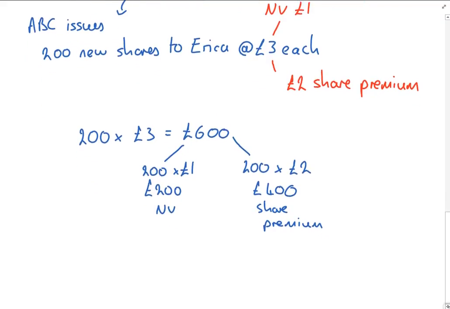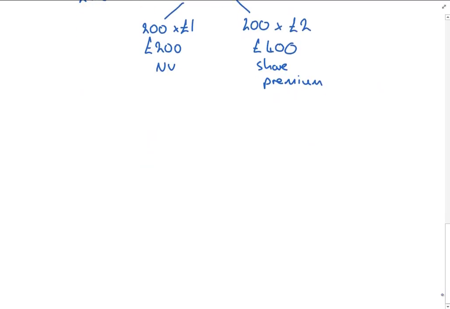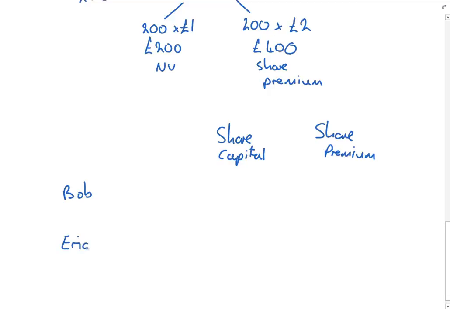Let me just do a summary with what we've got now and to highlight something which is quite important. So what have we got? We've got some share capital. We've got some share premium. This is from the perspective of the company. But let's think about this as well from the perspective of Bob and Erica.